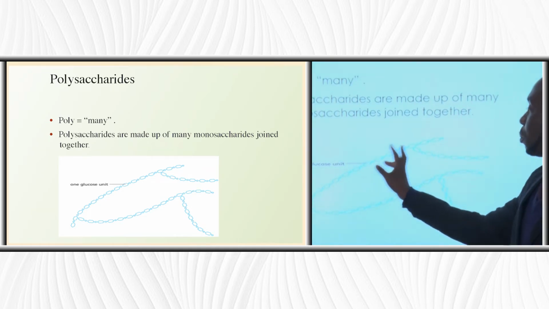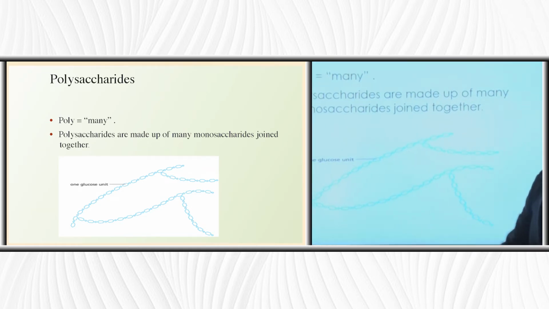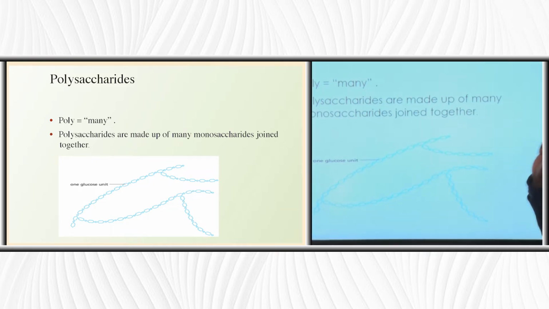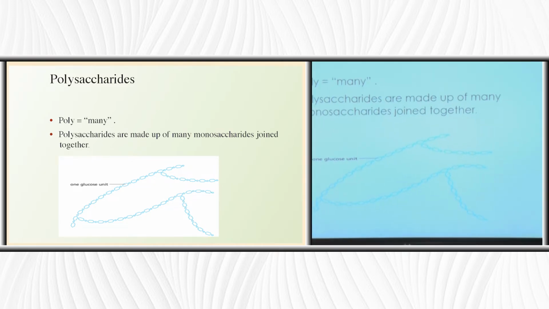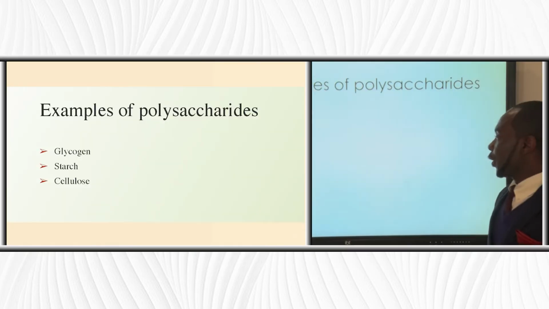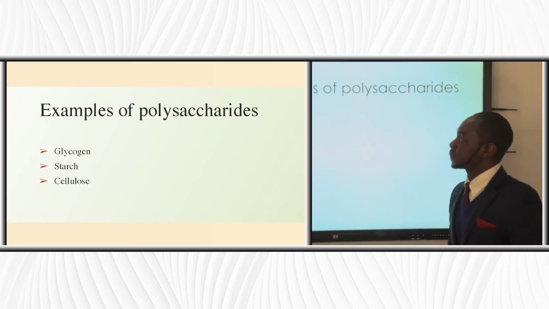Here we have glucose molecules joined together to form glycogen, which is a polysaccharide. Let's look at examples of polysaccharides. 1, we have glycogen. 2, we have starch. 3, we have cellulose.